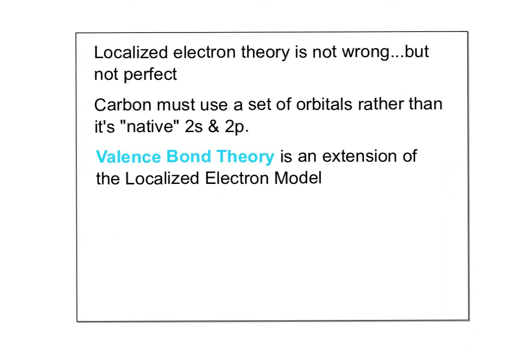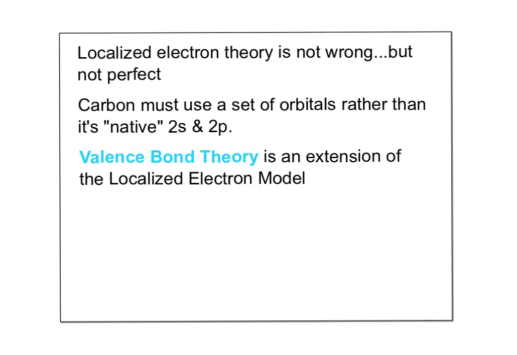What comes of this is that the localized electron theory, what we've been using when we think about our electron configurations, is not incorrect, but it's not perfect for bonding. Carbon has to have a different set of orbitals than this 2s and 2p combo for bonding. So we get a new theory called valence bond theory, extending what we know so far to figure out how these bonds work.